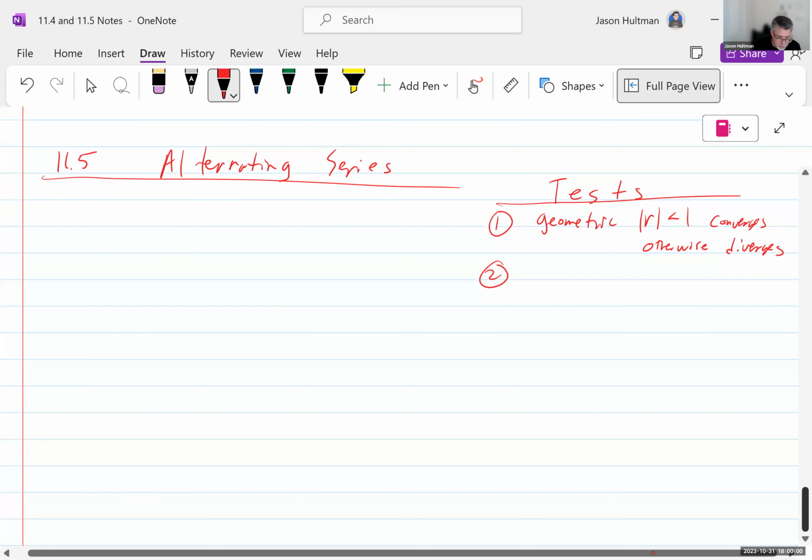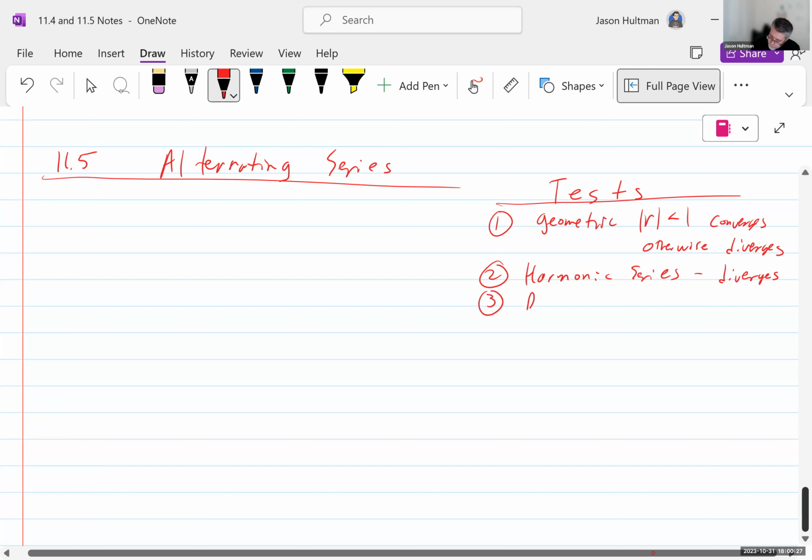Geometric series test, yes. There was one before that: the harmonic series. We know the harmonic series diverges. It's kind of its own test, just for one series.